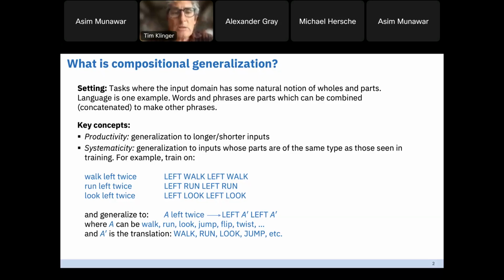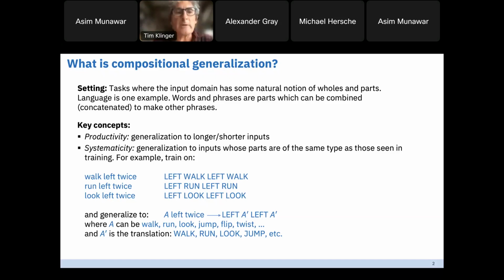Okay, so the key concepts. What is compositional generalization? Two things really, and these terms come from linguistics, so if they're a little bit strange, it's because they were originally introduced in the linguistic context. So you have productivity, which means that you would like your model to generalize to usually longer inputs than it's seen in training, but could also be shorter inputs.